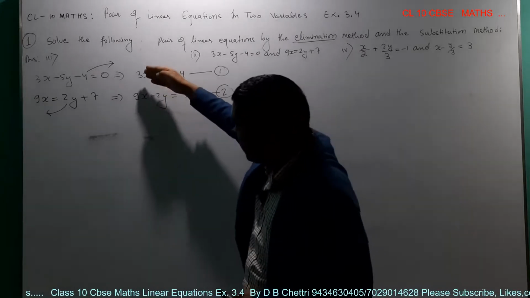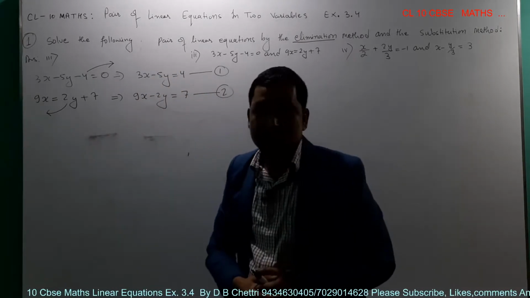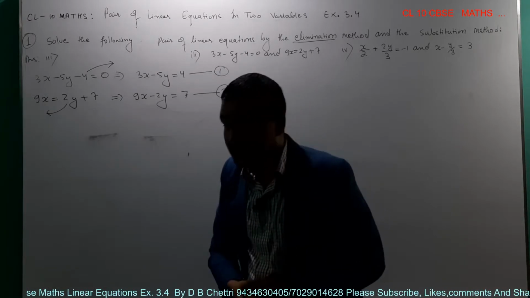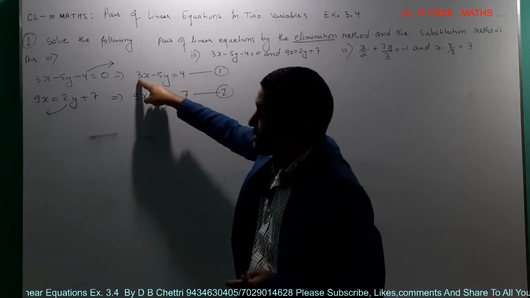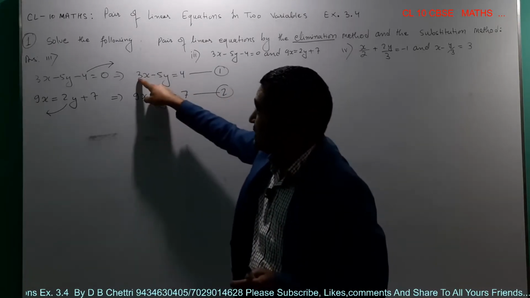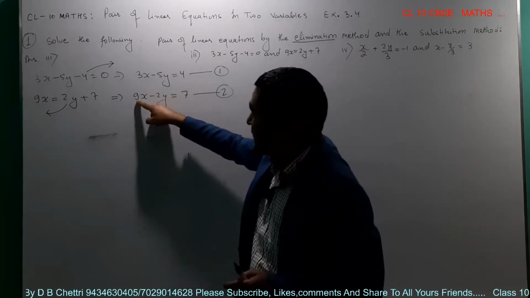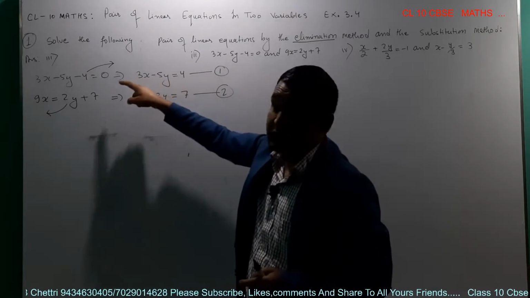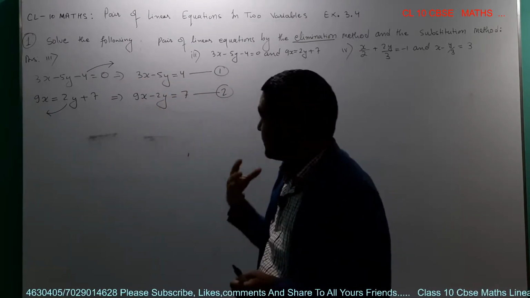Now to make the x coefficient the same, we have two options. One basic option we learned: take this coefficient and multiply it to the other equation. Take this 3 and multiply to equation 2, and take this 9 and multiply to equation 1 to make their coefficients the same. Then another way is there.